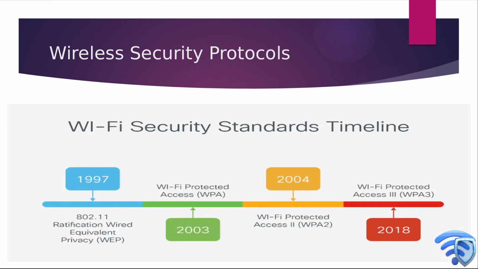We'll be looking at wireless security protocols, and you might actually be conversant with a lot of these. You see the WPA2, it's quite popular, the WPA2 PSK. So we've actually come a long way. You can see the WEP. That was one of the first standards for wireless security protocols, and it's actually not being used now.